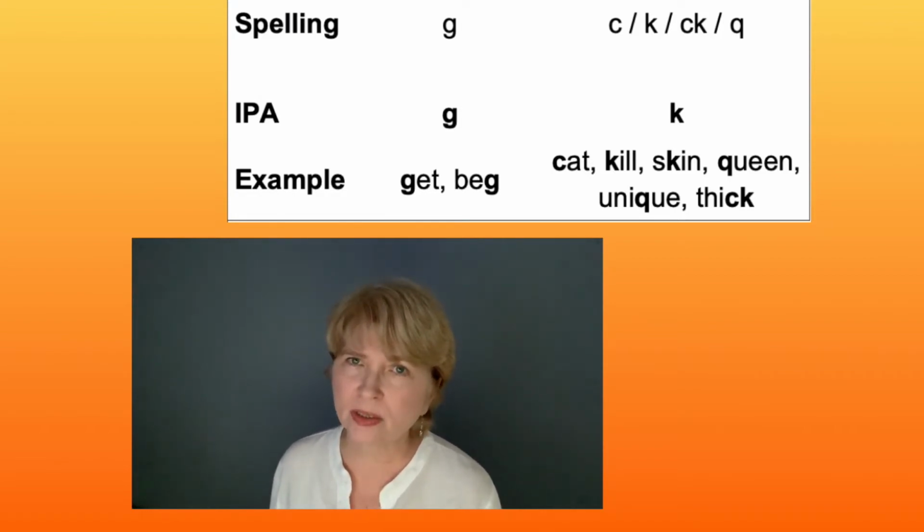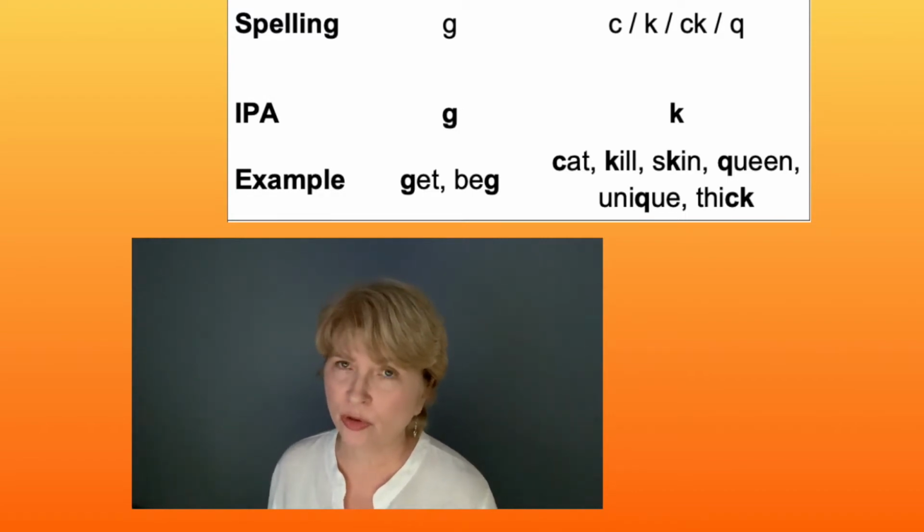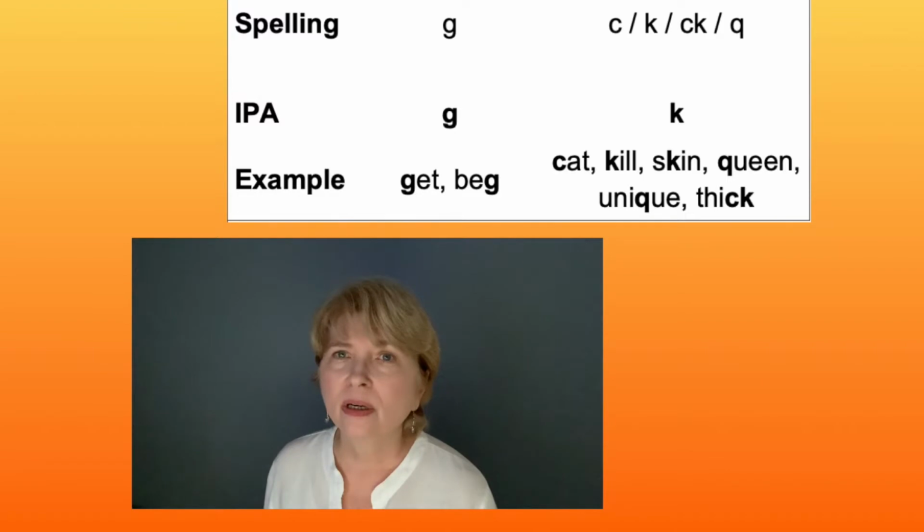We most often use a C, but you can also use a K or a CK or even a Q for this sound. K, k, cat, cat, kill, kill, skin, skin. Watch that SK. Don't put a vowel first. Queen, queen, unique, unique, and thick, thick.